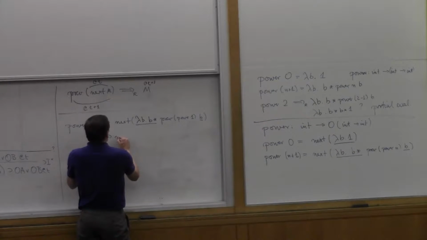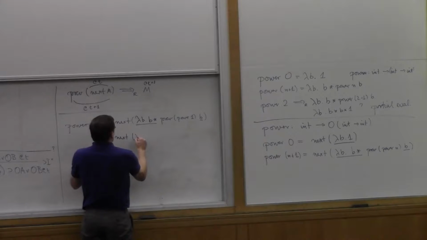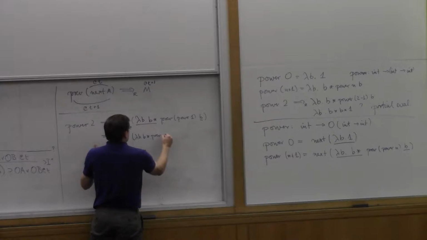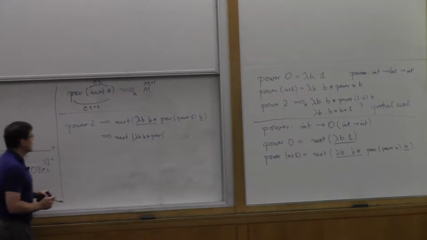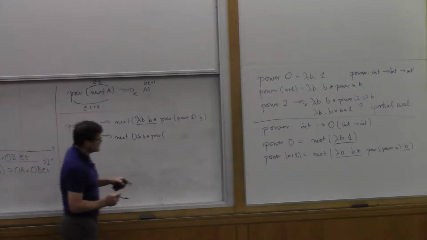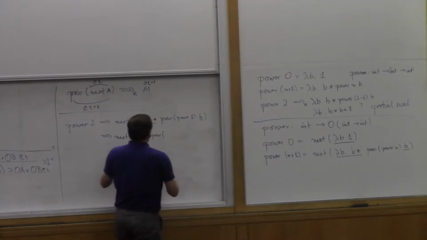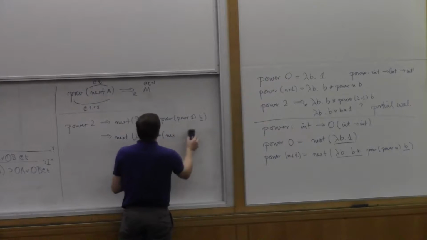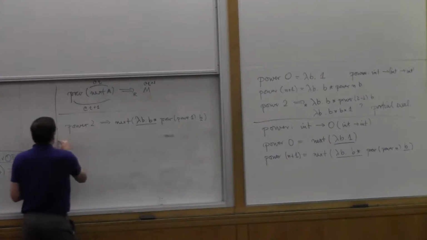So I get next of lambda b times prev of power of 1. What does it actually become? I have to do this again. I'm going to run out of space, so I'll put it here.